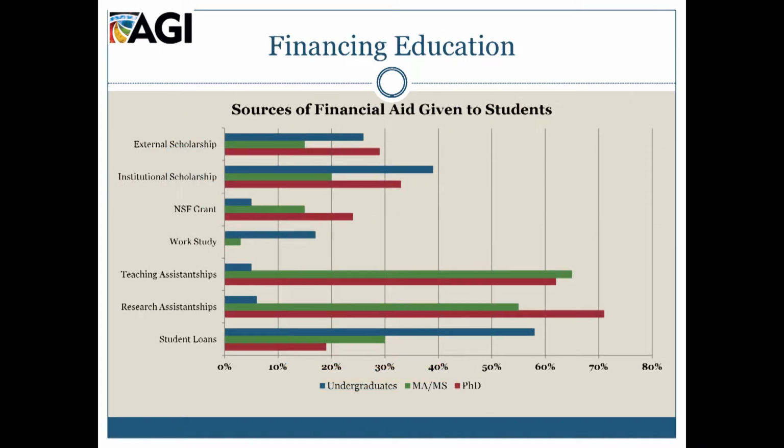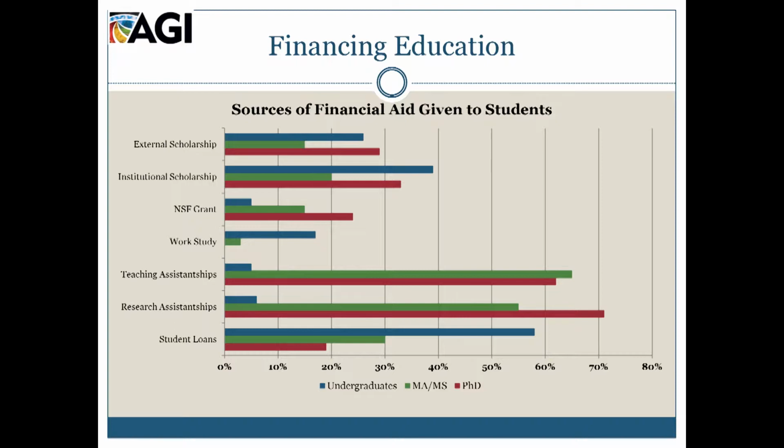For financing education, we asked a question about financial aid, the sources for financial aid. And we found out that 86% of PhD students, 90% of master's students, and 78% of bachelor students took some sort of financial aid for their schooling.